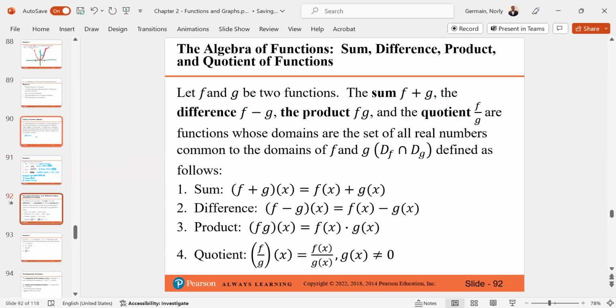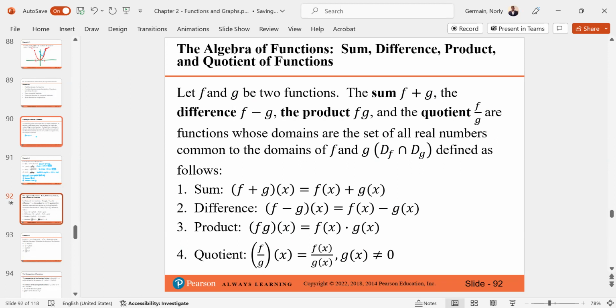If you consider f and g to be two functions, the sum f plus g, the difference f minus g, the product f times g, and the quotient f divided by g are functions whose domains are the set of all real numbers common to the domains of f and g.